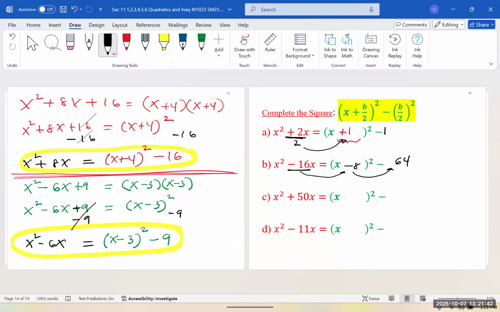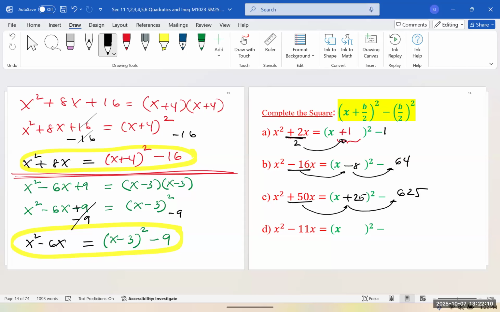The next one, 50. So what do you write? Plus 25. And then outside we write 25 squared. 25 times 25? 625.